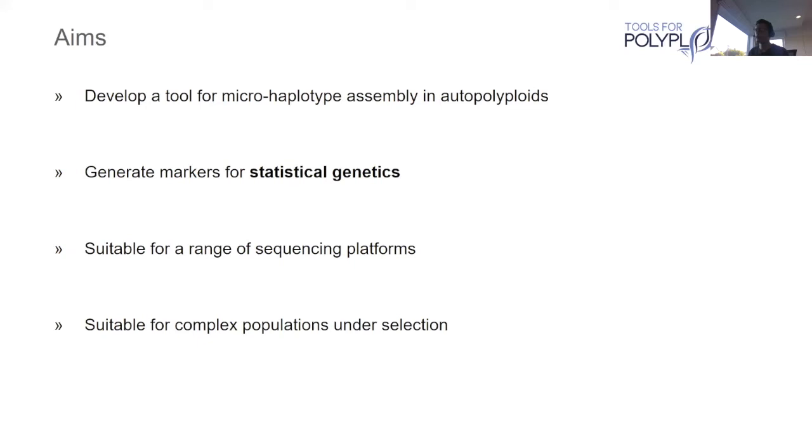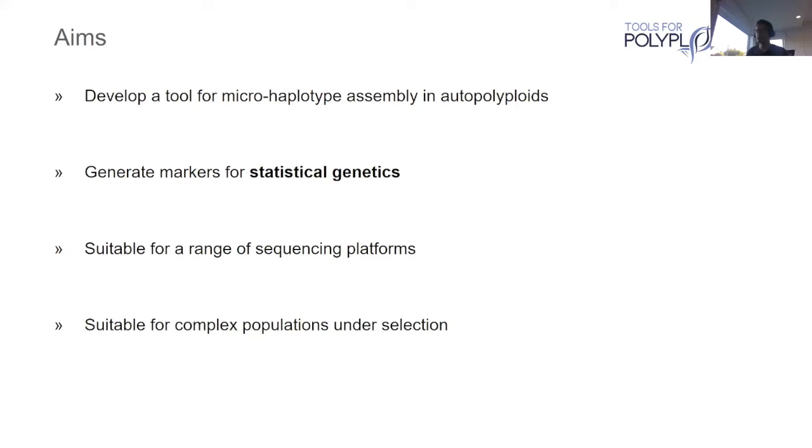And the reason for this is this tool is really about generating markers for statistical genetics. So there are quite a lot of haplotype assemblers available that work in polyploids. A lot of these are very good tools. I think where ours differs mostly from many of the others is that we're focused on assembling haplotypes in repeatable regions from the same basis variance, so we can have comparable alleles across multiple different analyses of multiple different data sets.